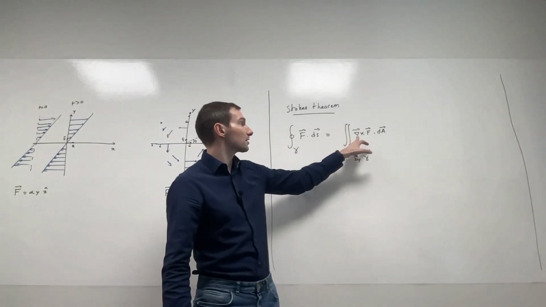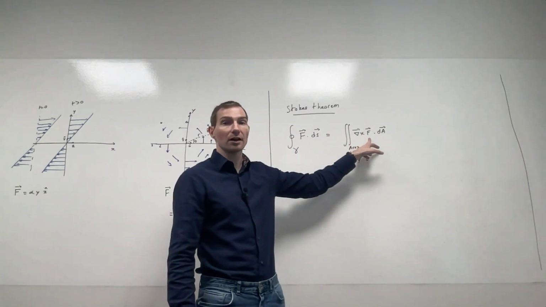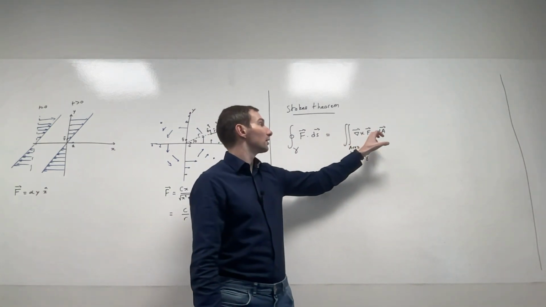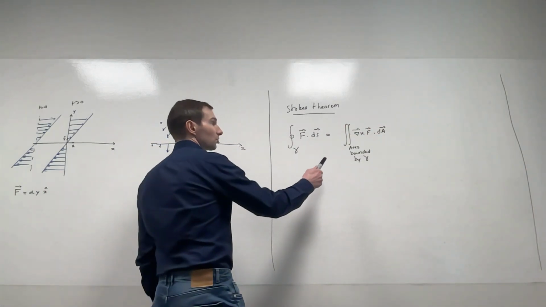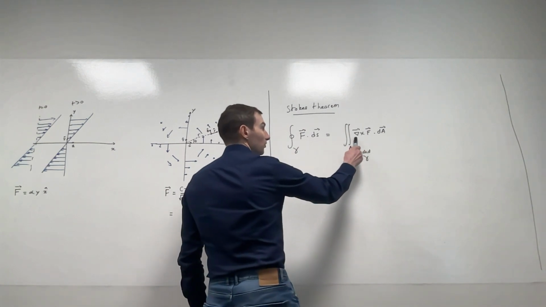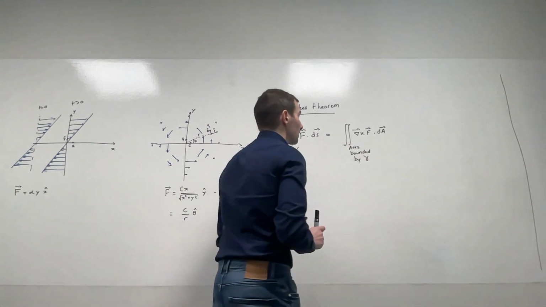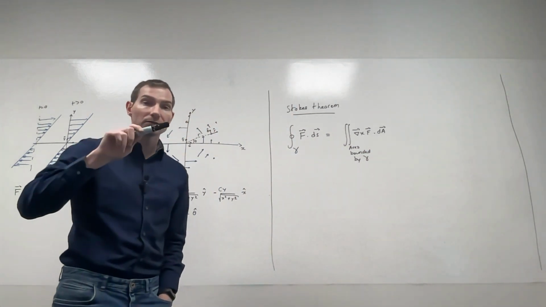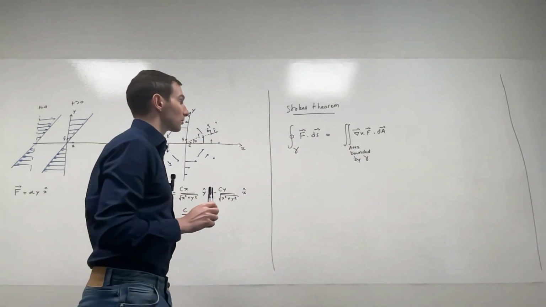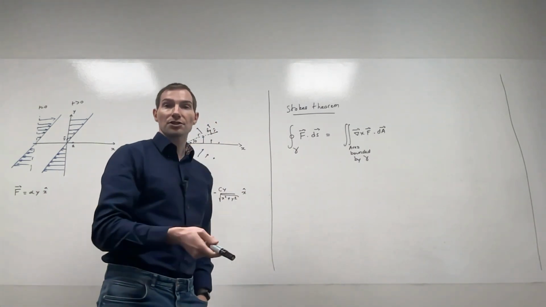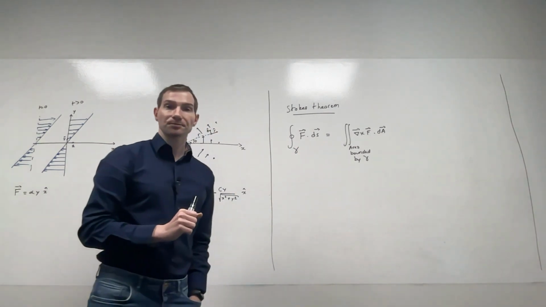so the curl, by the way, here I denote it as the nabla symbol, and then cross product with F, the field, and then here, this is the Stokes theorem. So the Stokes theorem is going to tell you that if you take the flux of the curl of the field across an area bounded by a curve, then this is equal to the line integral, in fact the so-called circulation integral of the field along this curve gamma.